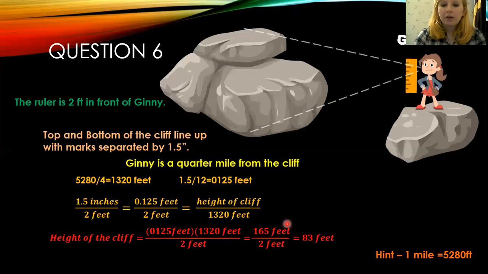So you divide the top number by the bottom number and we get 82.5 feet. But in this case, they want us to round to the nearest whole foot, which will give you 83 feet. So this cliff, from top to bottom, is 83 feet.